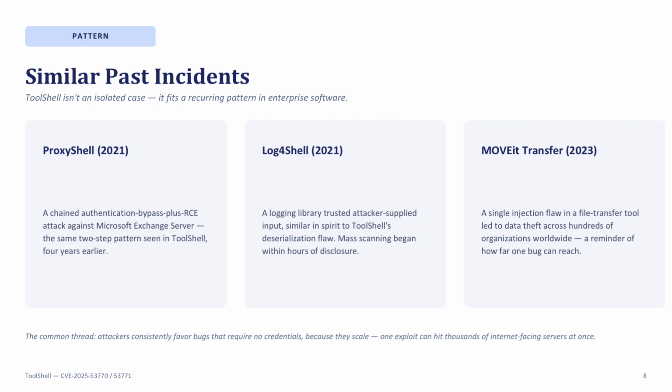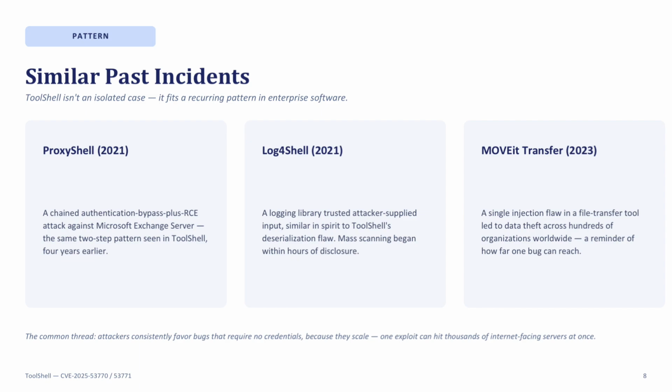Pattern: similar past incidents. ToolShell isn't an isolated case. It fits a recurring pattern in enterprise software. ProxyShell, 2021: a chained authentication bypass plus RCE attack against Microsoft Exchange Server, the same two-step pattern seen in ToolShell four years later. Log4Shell, 2021: a logging library trusted attacker-supplied input, similar in spirit to ToolShell's deserialization flaw.